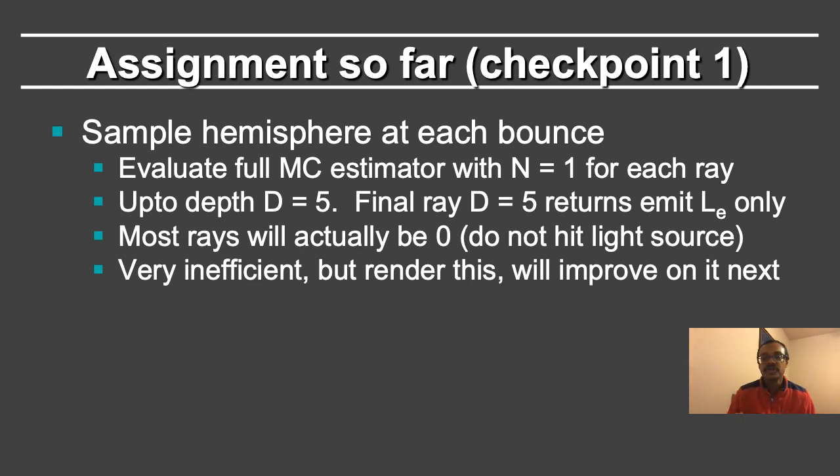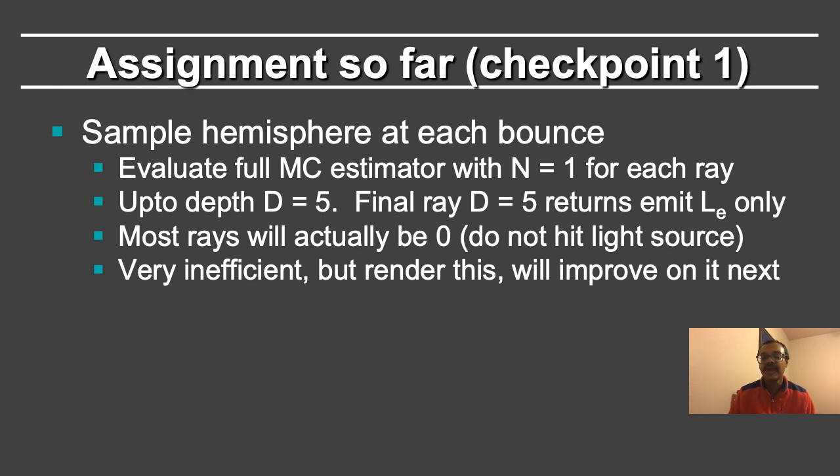At this point, you should be able to do assignment 3, checkpoint 1. You want to sample the hemisphere at each bounce. Effectively, you are considering n equal to 1 and evaluating the full Monte Carlo estimator with n equal to 1 for each ray. You go up to depth d equal to 5.